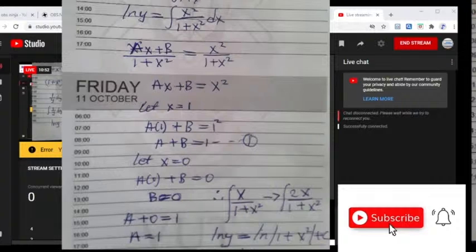When x equals 0, we get b, which is 0. And we take the b value, 0, and substitute it into our first equation.